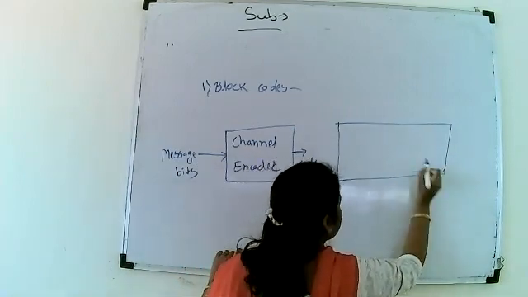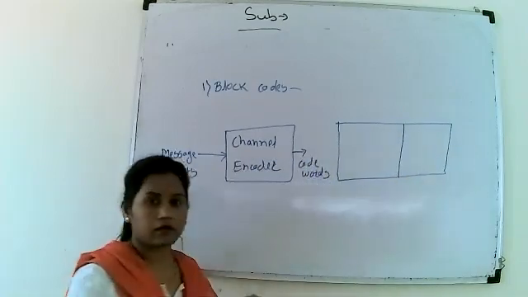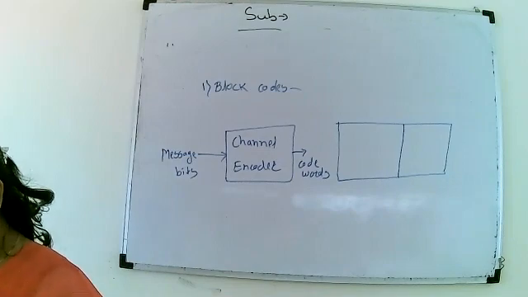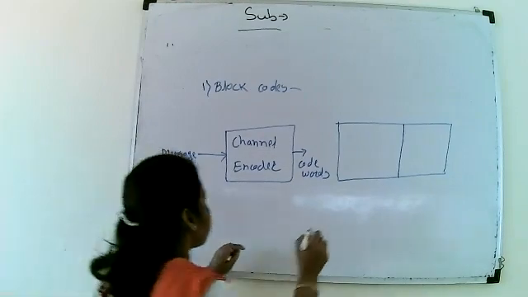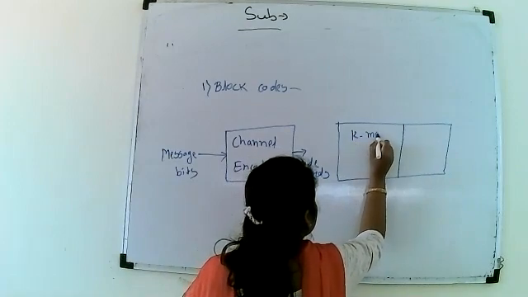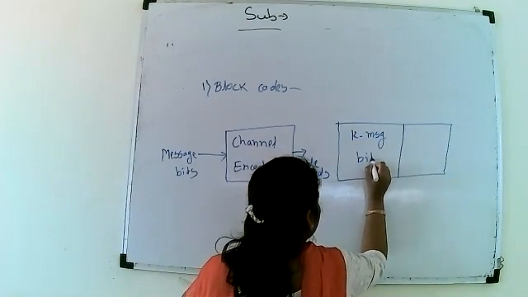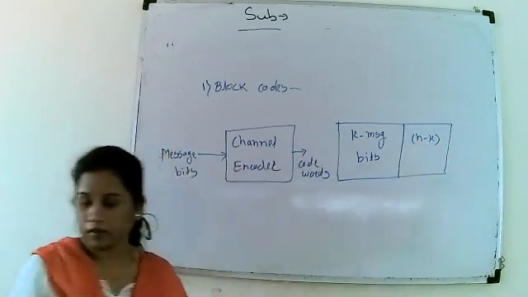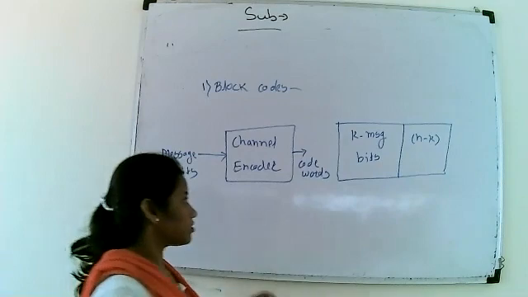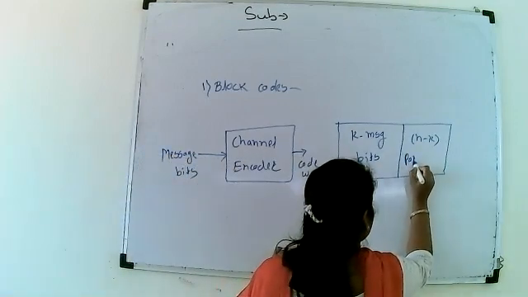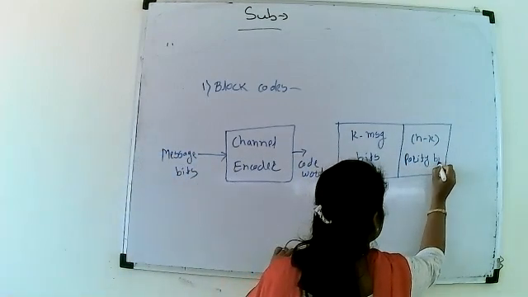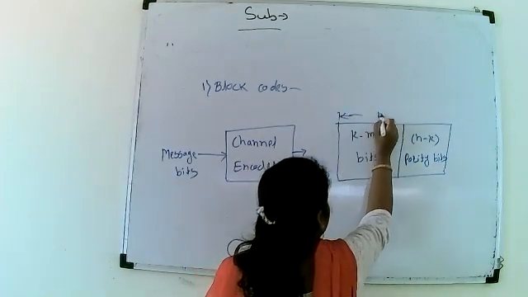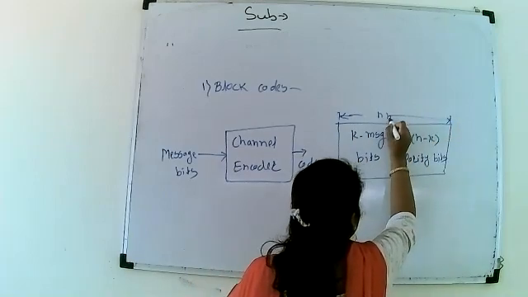After the channel encoding, we have a new form of the code word: k message bits and n minus k parity bits, with a total length of n bits.